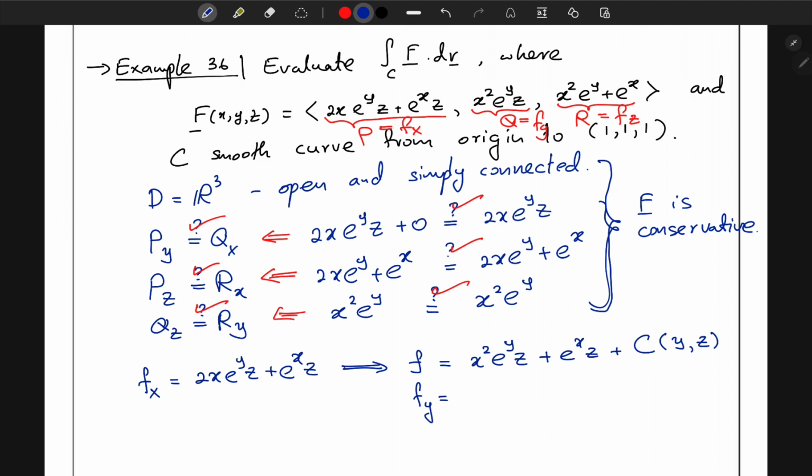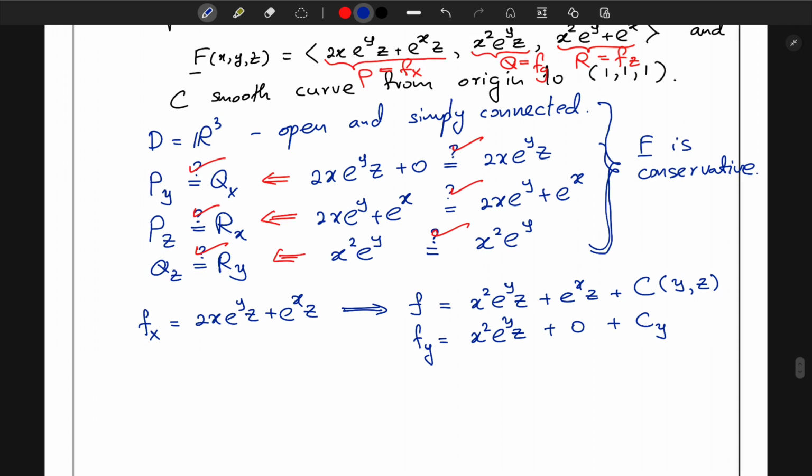Then I'm going to differentiate it with respect to y. The derivative of the first term is x squared z. The second term will disappear, and this is the derivative of c with respect to y.